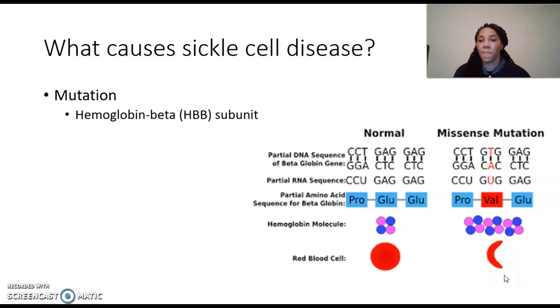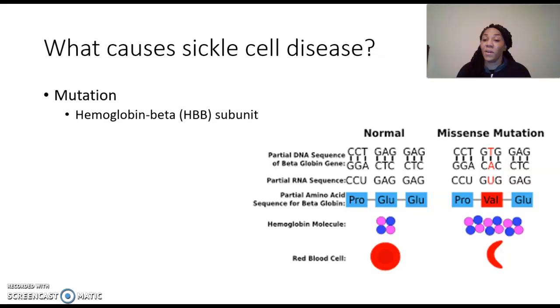So just to bring it down to a simpler understanding, say you have ham soup, which is the normal red blood cell. Ham is spelled HAM. Now say for instance you change that H to a Y. Now you have yam soup. That has changed the whole soup. That's the same as with the normal hemoglobin versus the mutated hemoglobin.